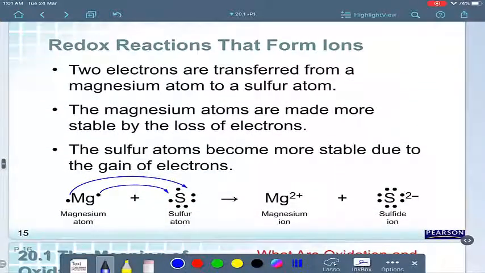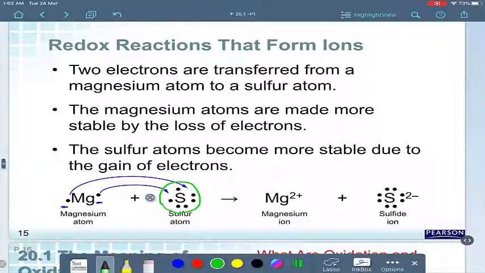Look, magnesium has 2 valence electrons. You remember that? And sulfur has 6 valence electrons: 1, 2, 3, 4, 5, 6. It needs 2 to complete the last level with 8. You remember? Octet rule.